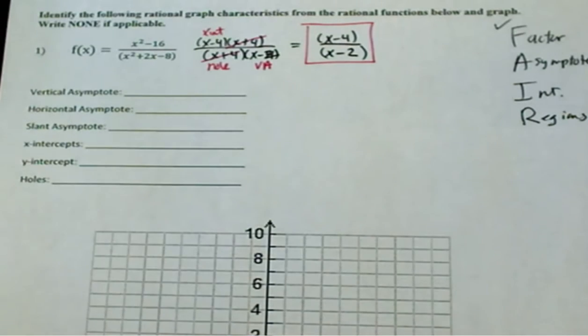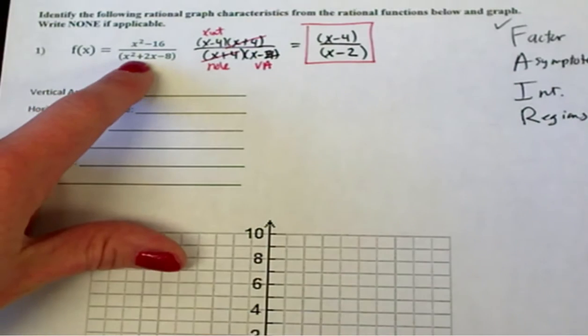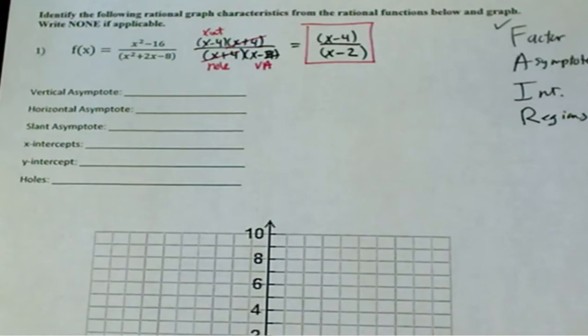Yes? Wait, so I did negative 4 and positive 2 for the... But it adds to positive 2, so the bigger one's got to be positive. For the factoring of the denominator? Yeah, I'm telling you it has to be positive 4 minus 2 because you have to add to positive 2.